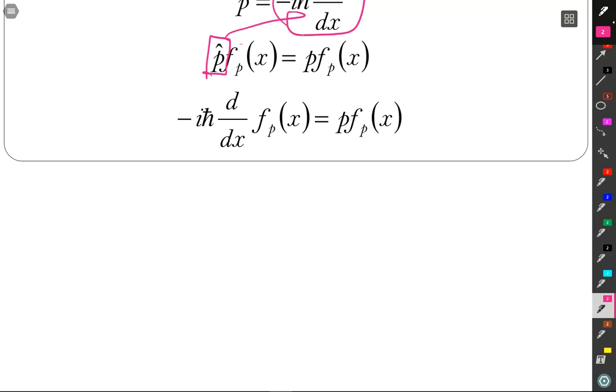Separate variables. So what are the two variables? That's probably the hardest question of this problem. The function and x are the two variables.